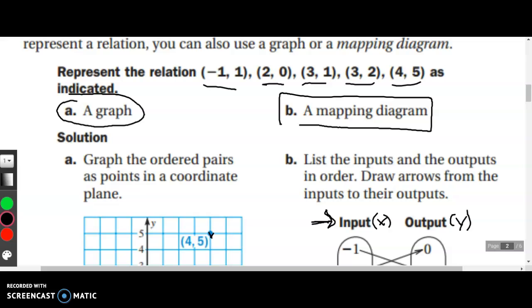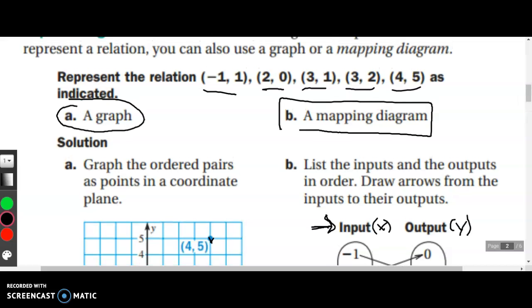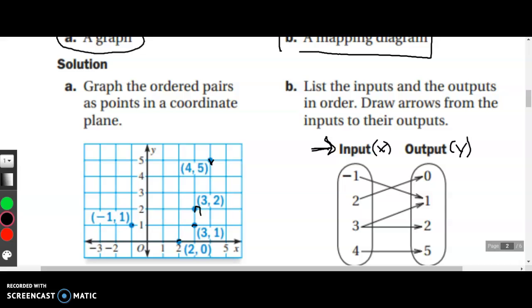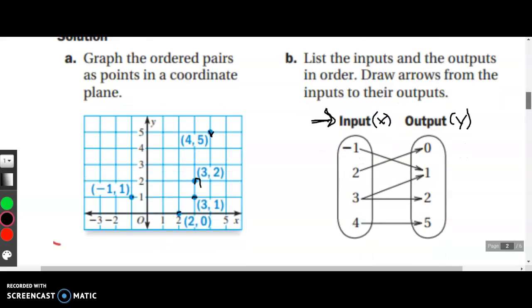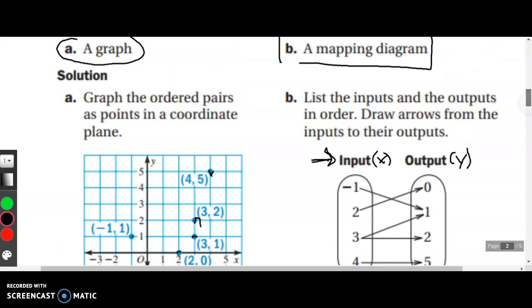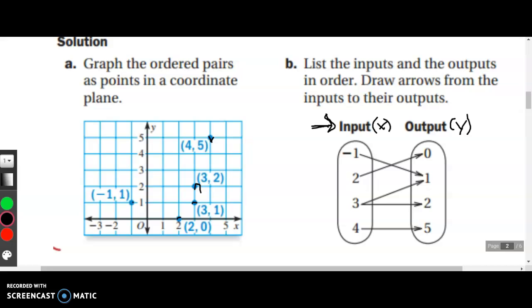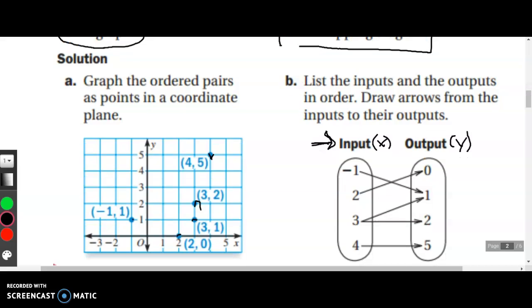We're going to do the same thing with a mapping diagram, just vertically, and the same thing with our range. And then when we're all done, we're going to use arrows to show which number goes with what.